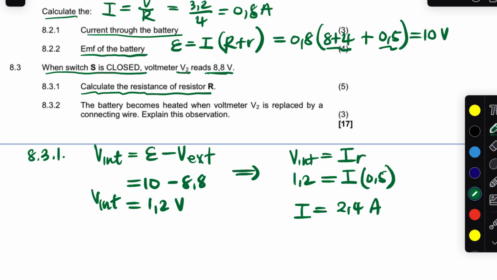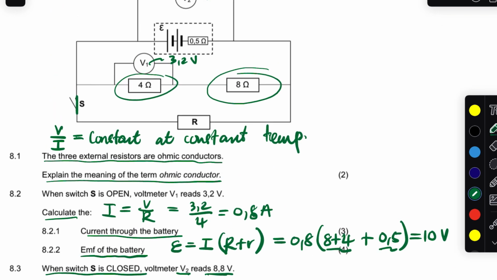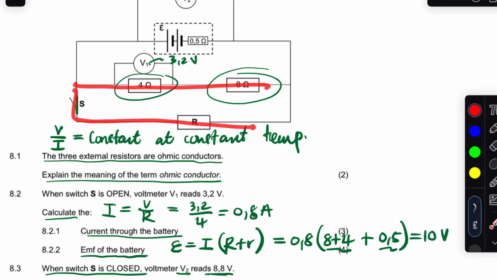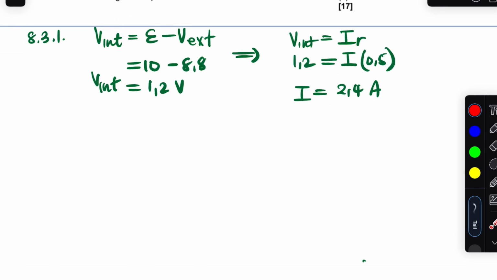Having that total current, what I can do with it is use it to get the external resistance, because externally there's a total current, the one that splits and then combines.